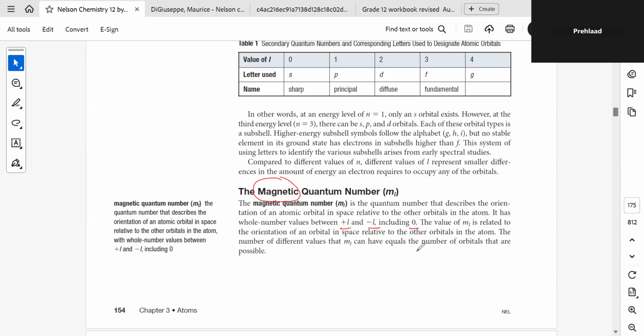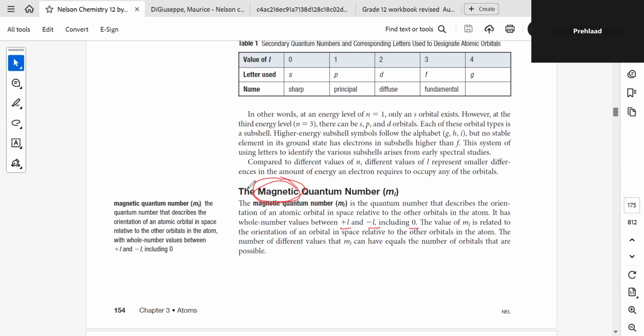When those lines were put under a magnet, the smaller lines split into further smaller lines. So the next quantum number is called the magnetic quantum number.